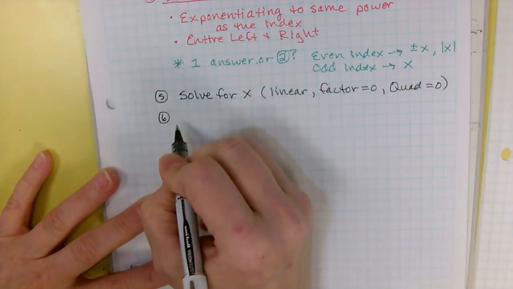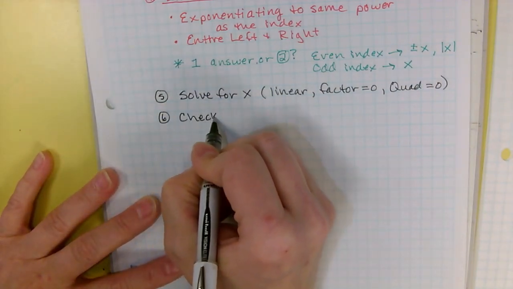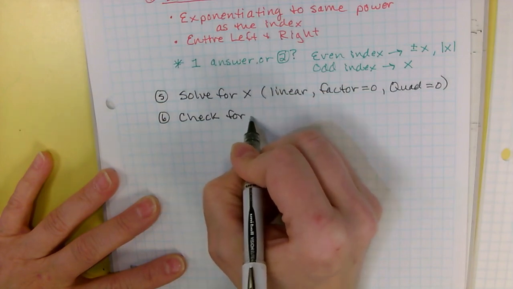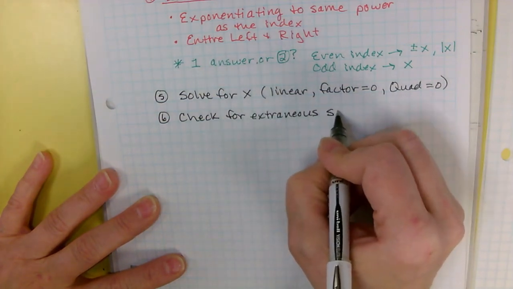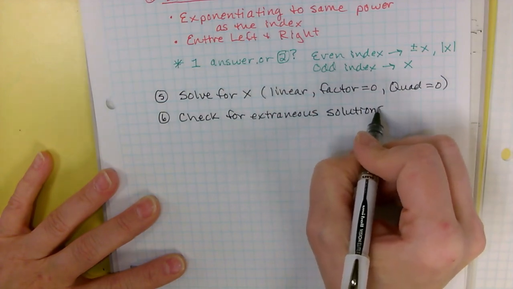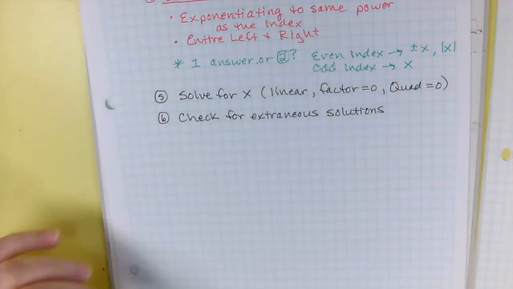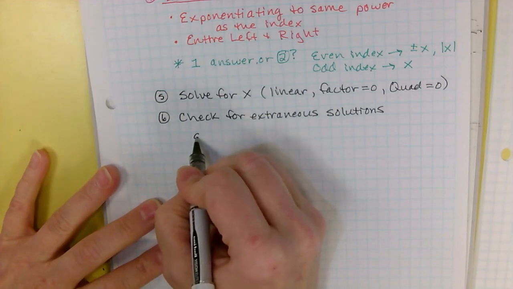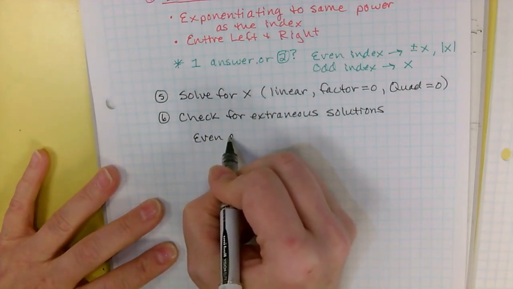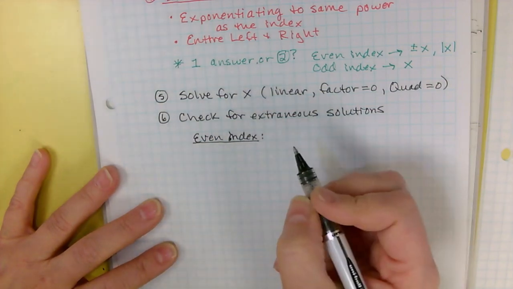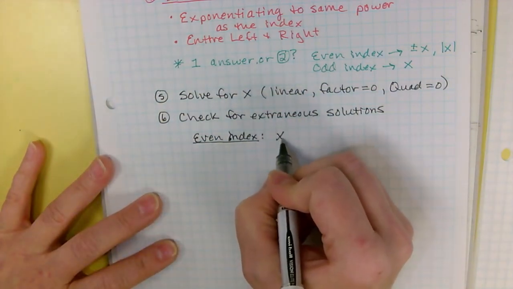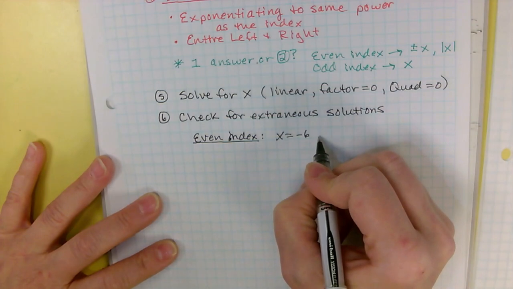Okay, step 6. Really important, you need to check for extraneous solutions. All right, so if you have an even index, so a 2 or a 4, let's say that you got the number x equals -6.